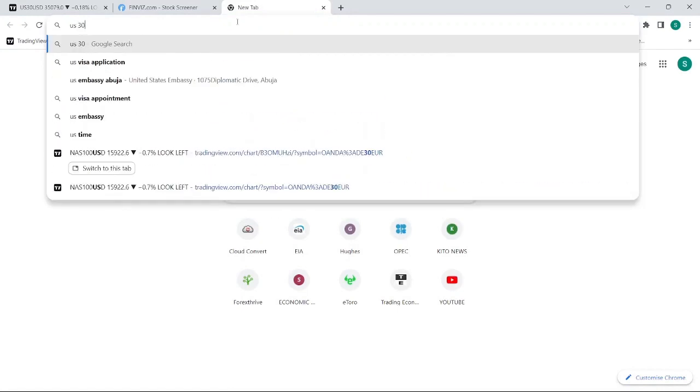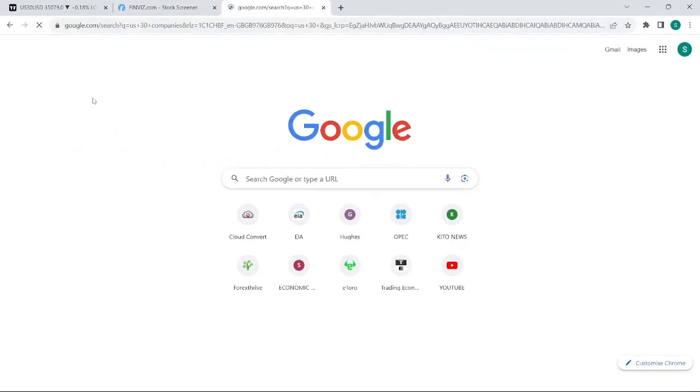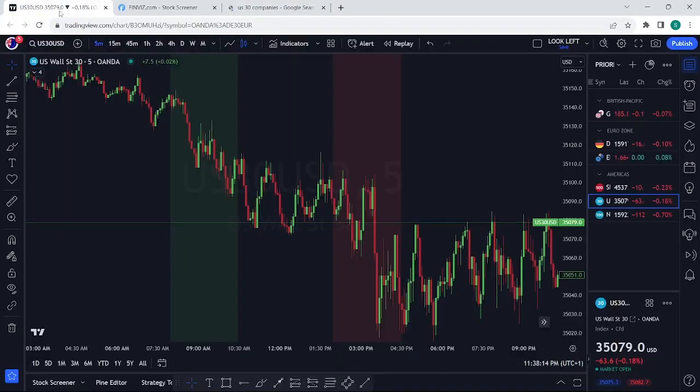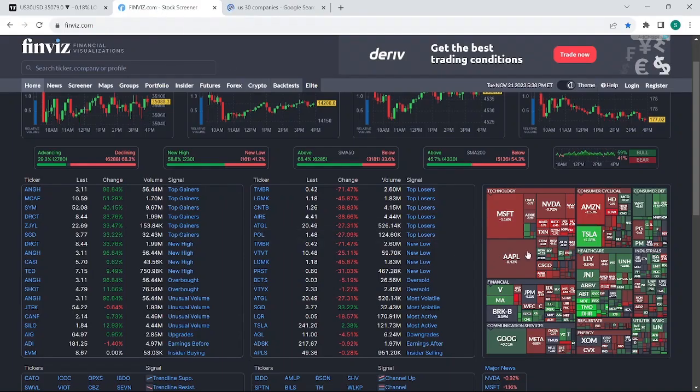Let's type US30 companies. You can see Microsoft. These are the companies on US30. So you can find some of them here.